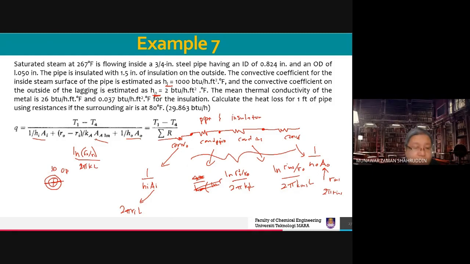Then you have another layer of insulation. Okay. So thickness ni, yang ni adalah R insulation. Okay. R insulation. You ada R internal, R outer, dan R insulation.